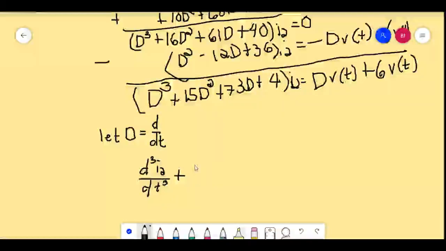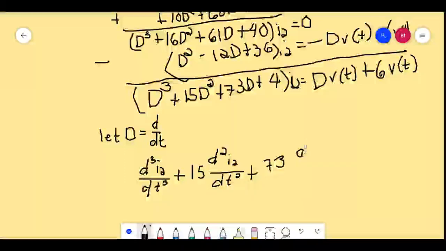That would be a numerical coefficient, so I'll put it here. 15 d squared I2 over dt squared plus 73d, so 73, let me just rewrite this, d I2 over dt.